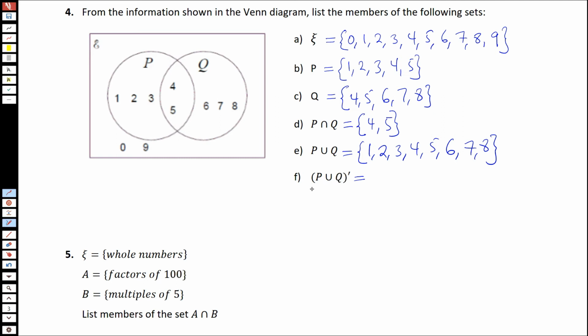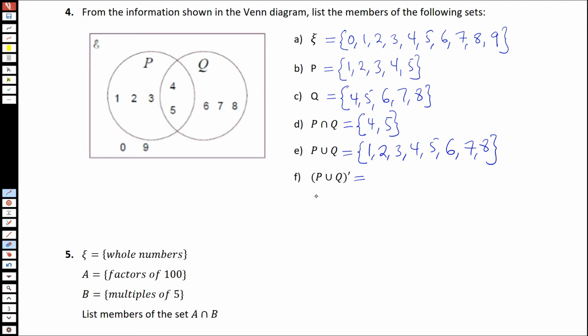We can say that these are basically the set of elements that do not belong to P or not to Q. Basically everything that's outside, everything that's not in this set here, but of course is in the universal set.